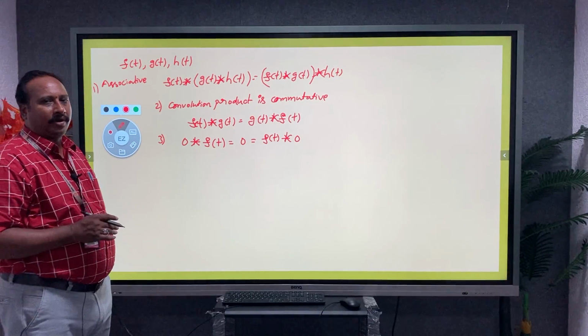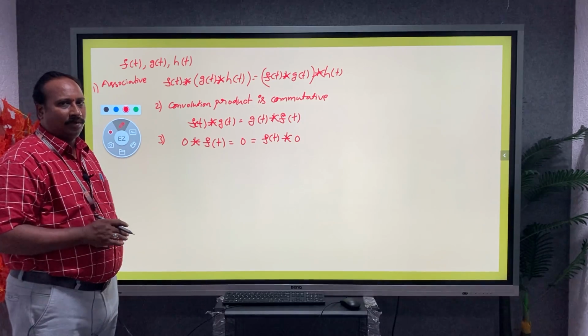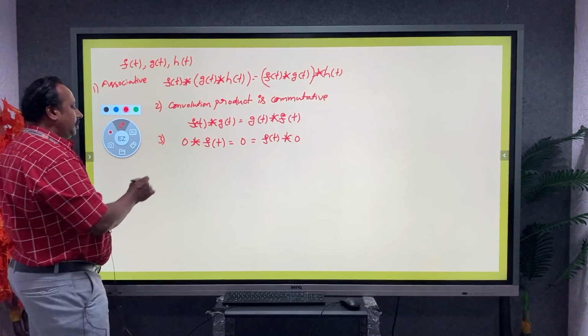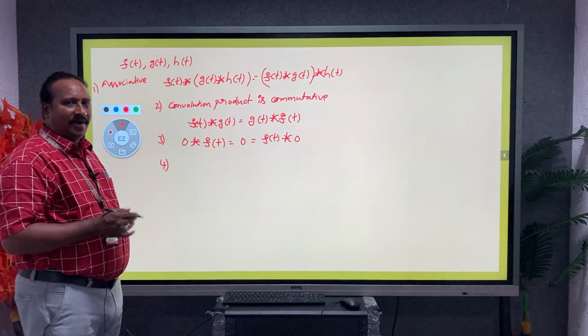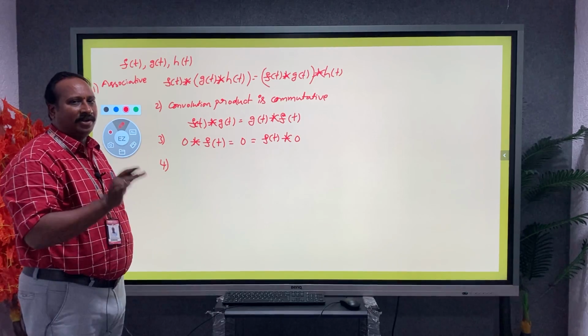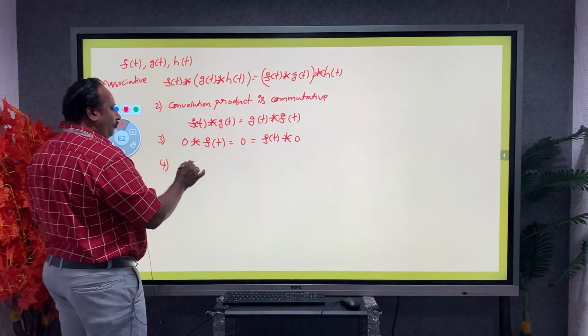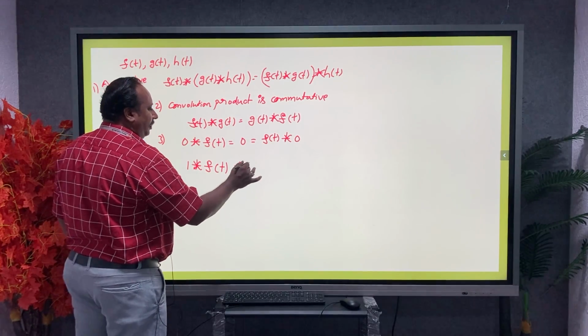So the convolution product of any function with 0 gives again 0. That is the third one. Now coming to the fourth one, the convolution product of any function with 1 doesn't give the same function. That is, 1 star f of t is not equal to f of t.